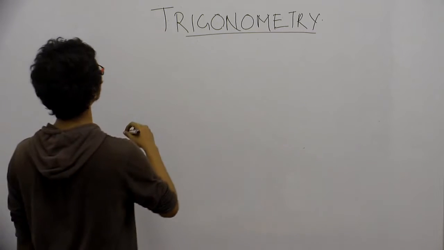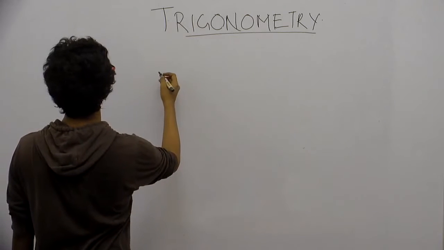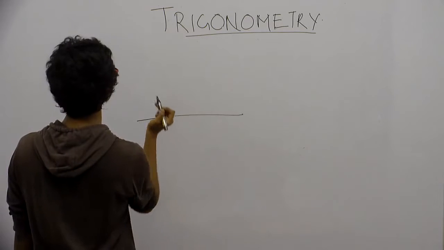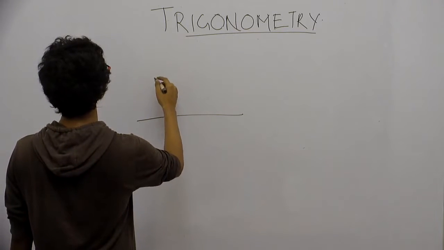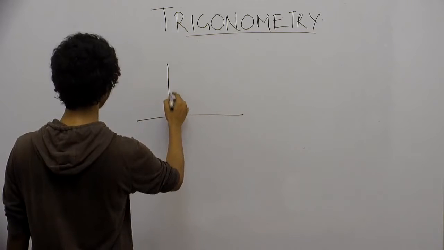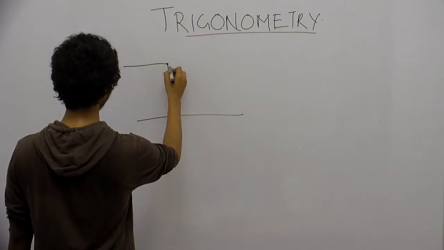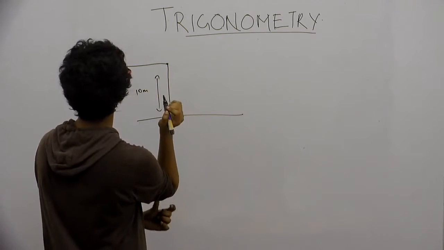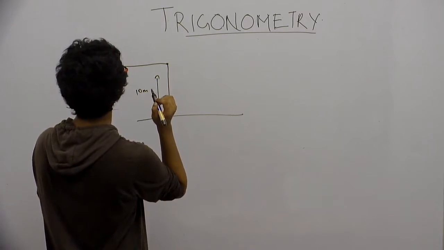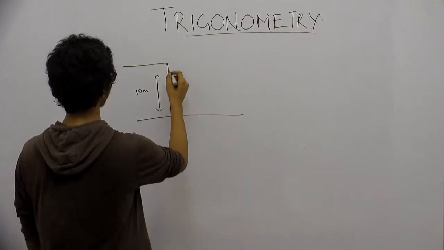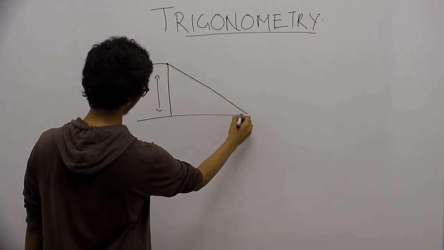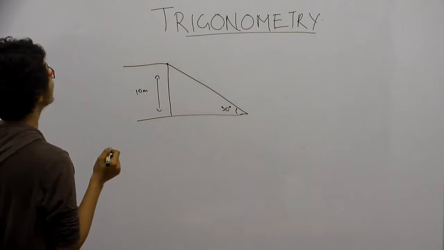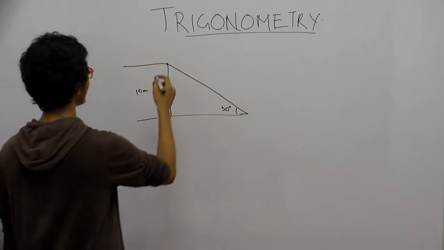Now, we are given that from this horizontal level, the angle of elevation of the top of a 10 meter tall building is 30 degree. Suppose here is the building. And there is a flag hoisted at this building.